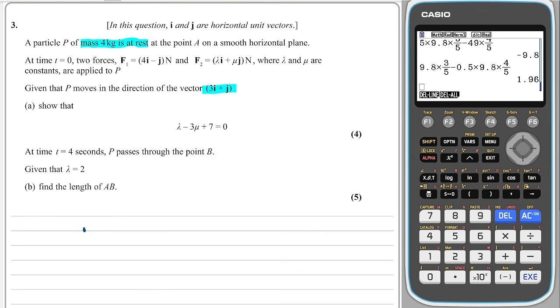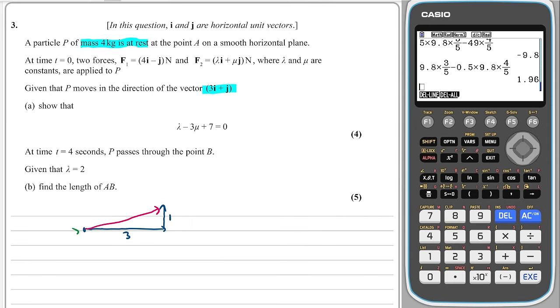First off, I'm going to draw a quick diagram. It's going to move 3 in that direction and 1 in that direction, so it's going to be going off in this overall direction. That means the force needs to be applied in that direction in order to make it accelerate in that direction.